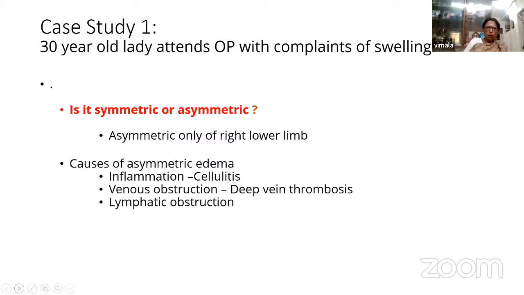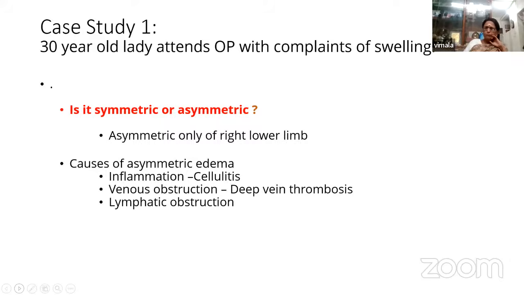Now, what are the causes of asymmetric edema? It can be inflammation leading to cellulitis. We all know that 4 cardinal signs of inflammation are calor, rubor, tumor, and dolor. That is, rise in temperature, redness, tenderness, and swelling. So that is what is called as cellulitis, and that can produce a local swelling.